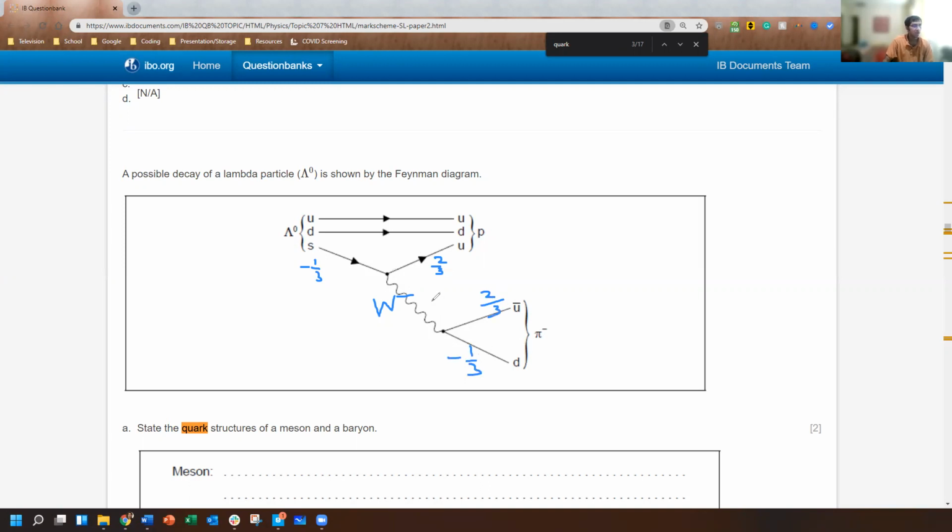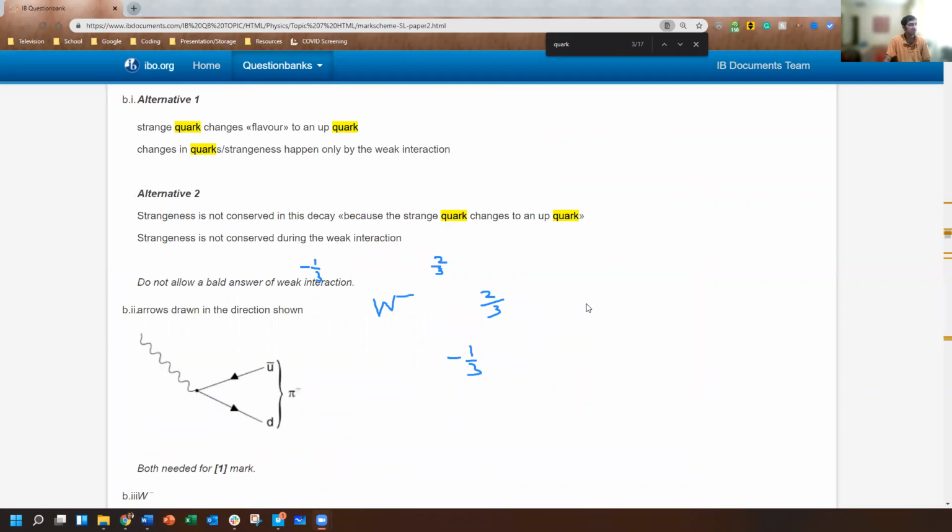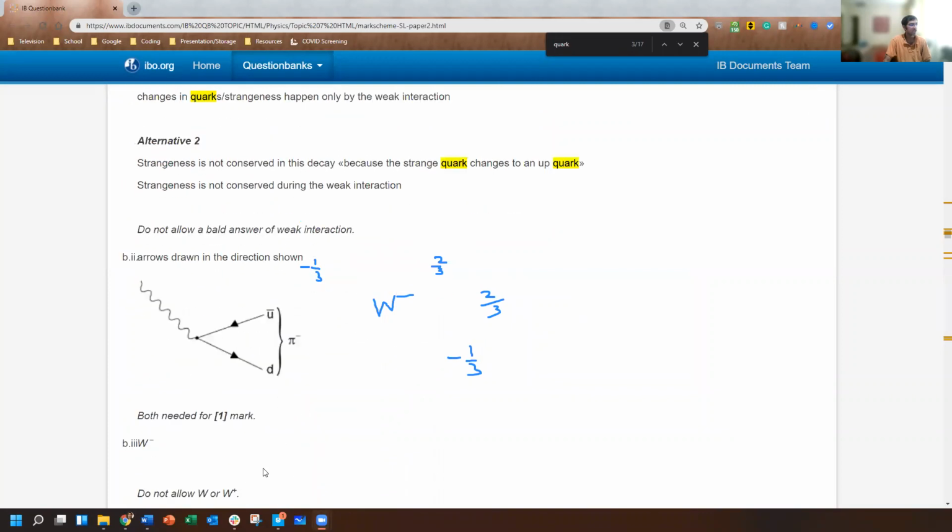So W minus would equal 2/3, or W minus and then 2/3 would equal minus 1/3. Yeah, I think it's W minus. It is W minus.